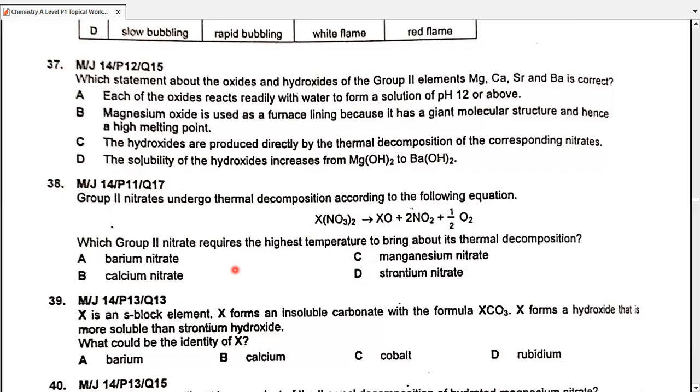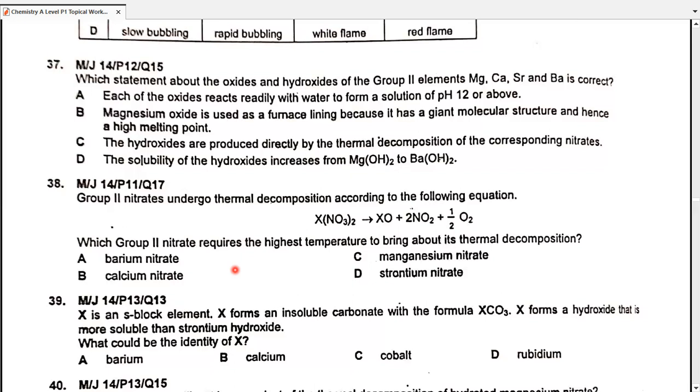Since it's an ionic compound, the melting point will be high. Giant molecular structure, I think not, because it's an ionic compound. So B is also wrong.